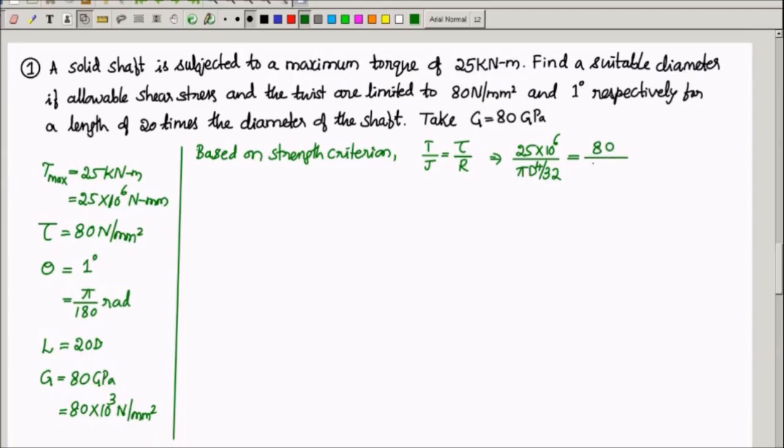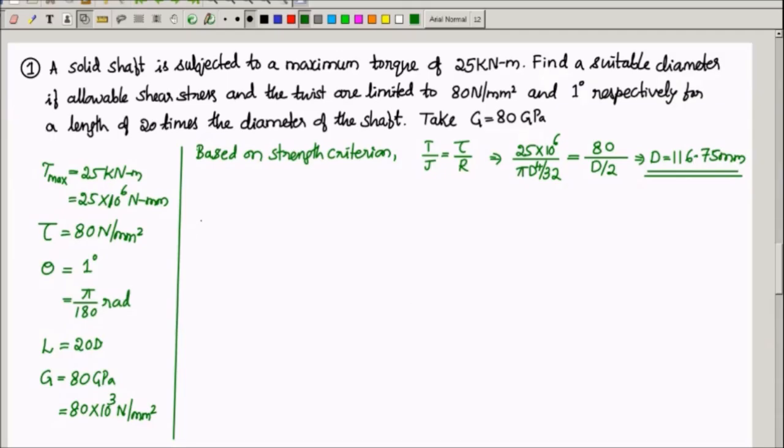And R is nothing but d by 2, diameter by 2. So now you observe in this equation, only d is unknown. You will get some value for d cube, and you take the cube root of that, you will get the value of d. So if you solve this, you will get 116.75 mm. So this should be the diameter of the shaft based on strength criterion.